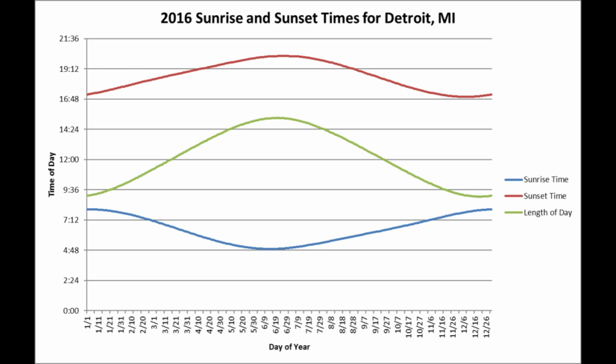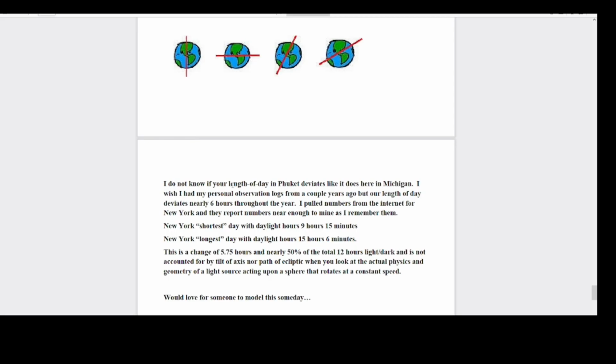As Bruce has said in this, it would be great if someone could model this someday, but I think we can all model this in our heads, and there are plenty of existing models, and in a way what we've just been looking at are models, because this is data that can be converted into various formats. All right, so try this out yourself.